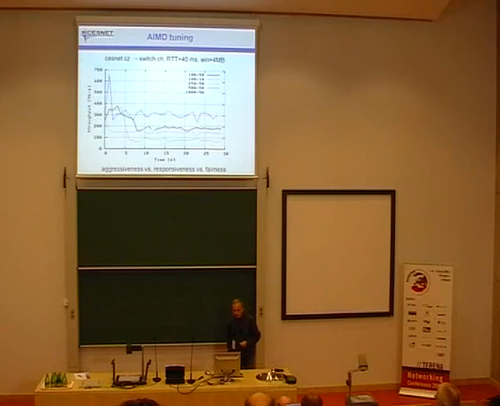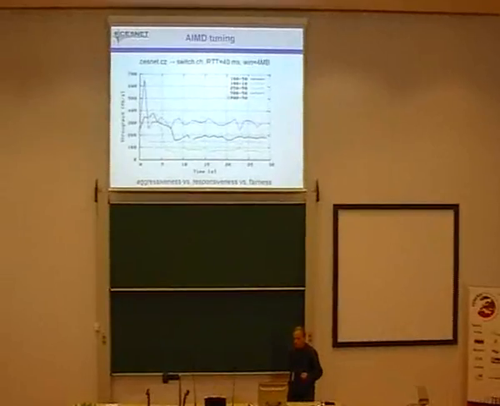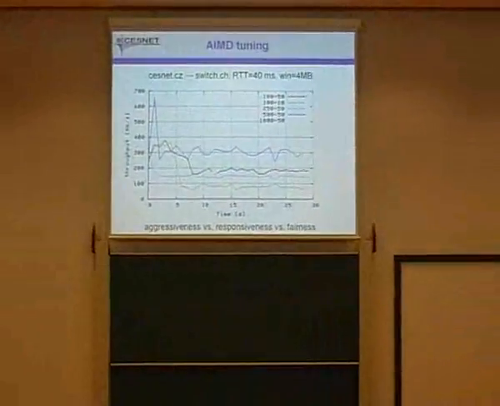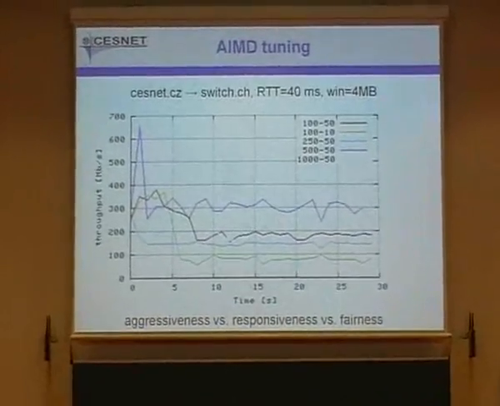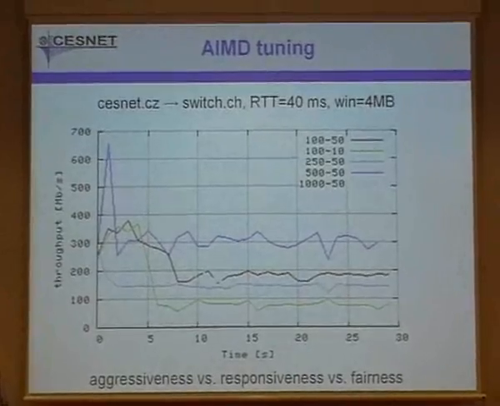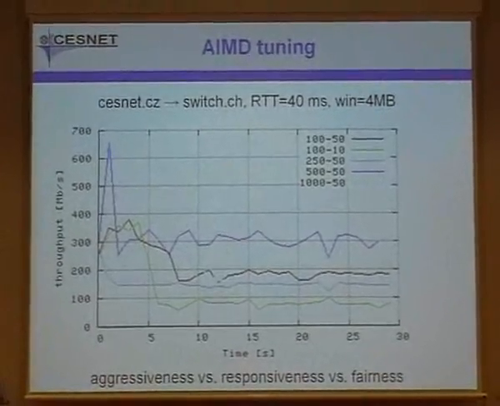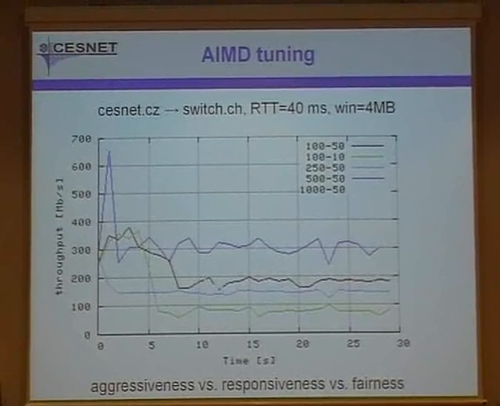And just to show an example of how you can use this patch, you can do experiments with different congestion control parameters used on different network paths, and thus find out how TCP behaves under different conditions.